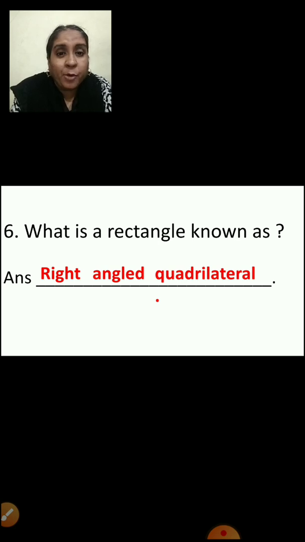You know the meaning of quadrilateral, isn't it? Any four-sided figure is called a quadrilateral. Rectangle is known as right angled quadrilateral, because all the angles of a rectangle are right angles. Understood?